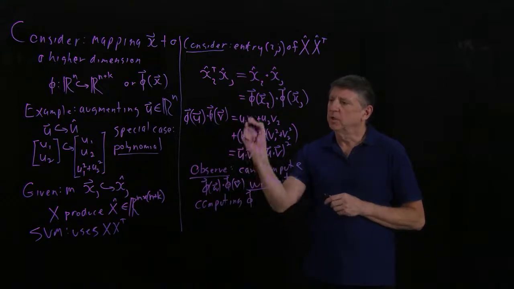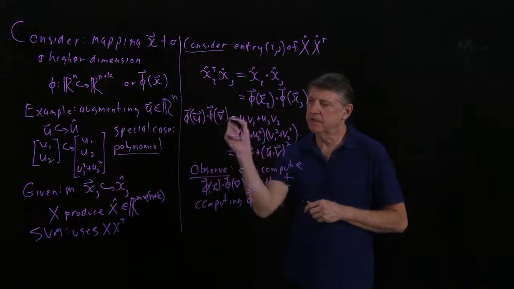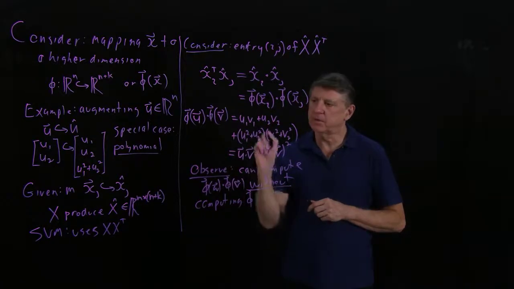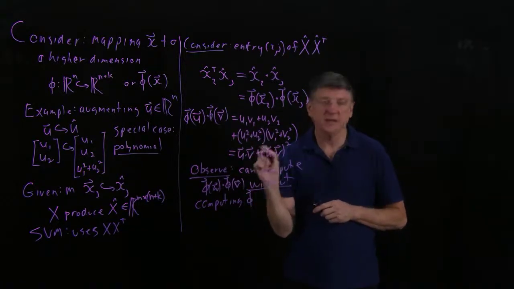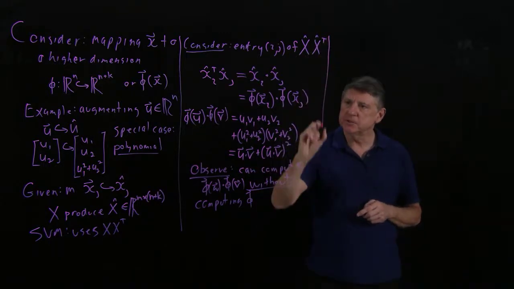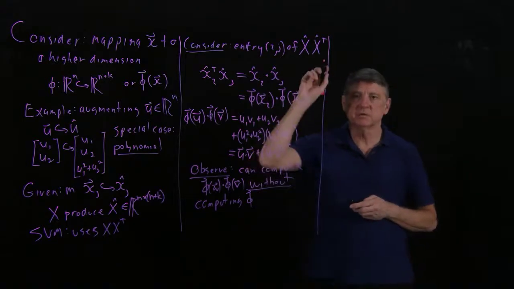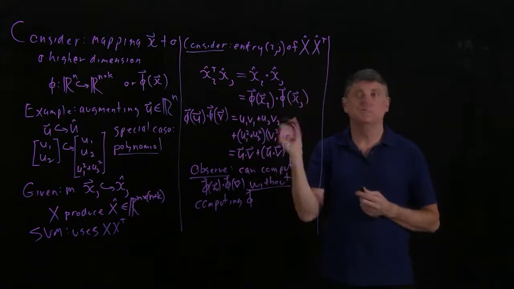That is, what we did was we looked inside this embedding function, and then we looked inside the dot product, and when we worked it out, we actually didn't need to do those embeddings at all. This leads to a more general result, and that more general result is called a kernel function.